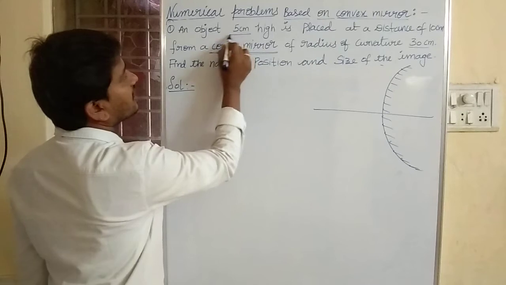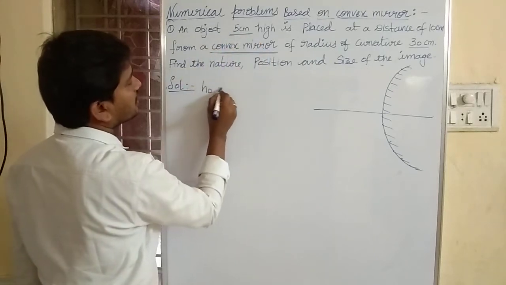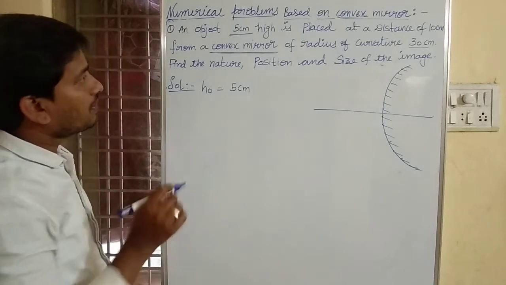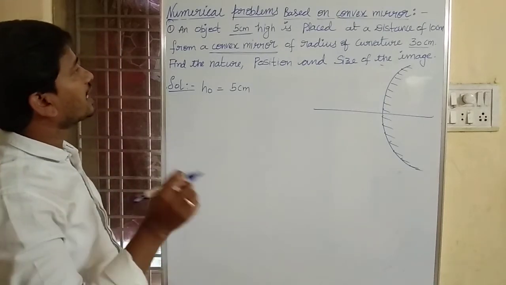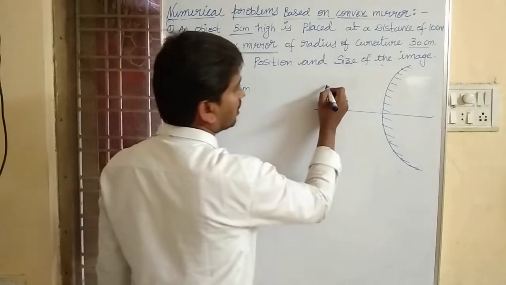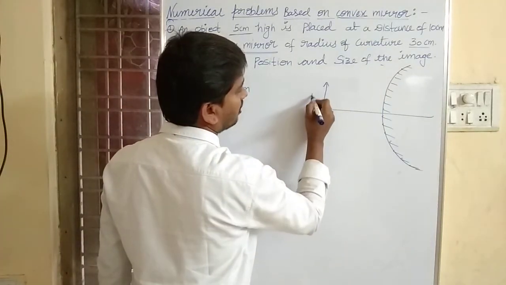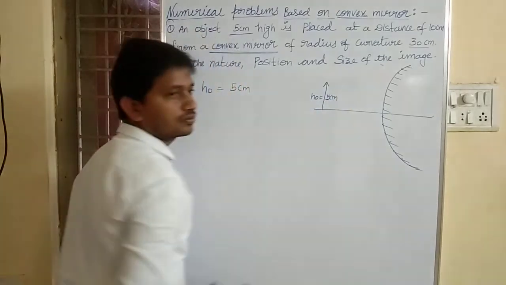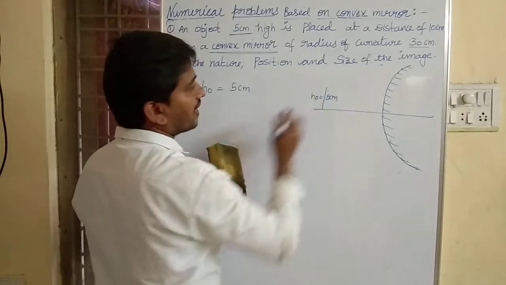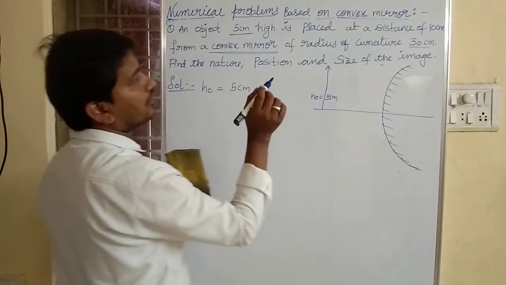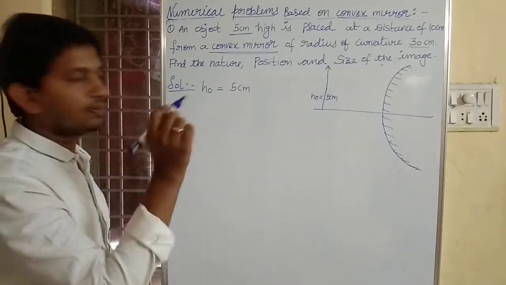Height of the object is 5 centimeter, placed at a distance of 10 centimeter. For example, this is our object, which is how many centimeter? 5 centimeter. Height of the object is 5 centimeter, placed at a distance of 10 centimeter from a convex mirror.